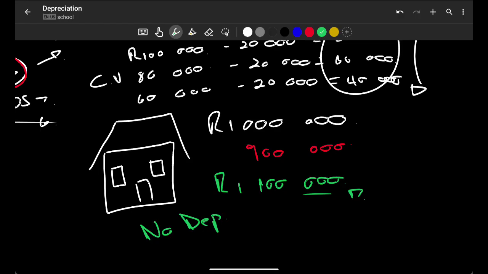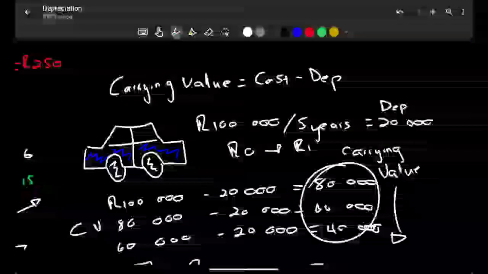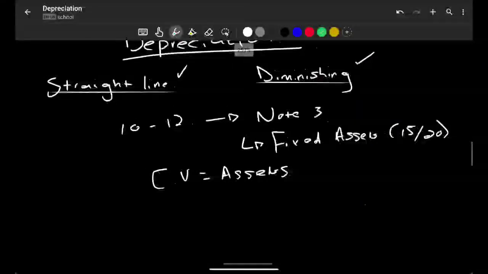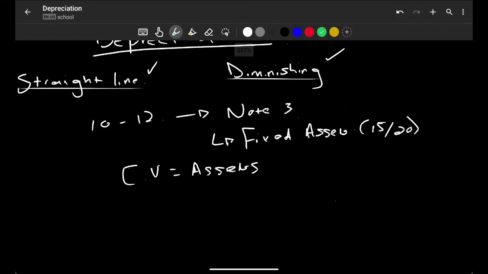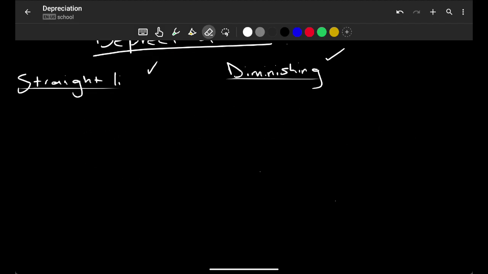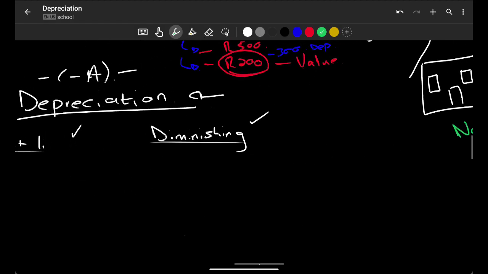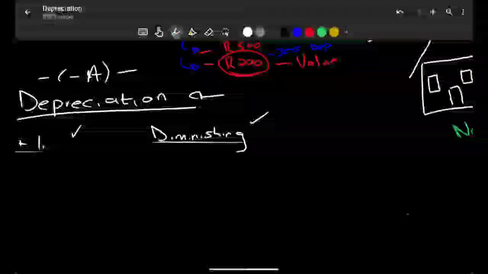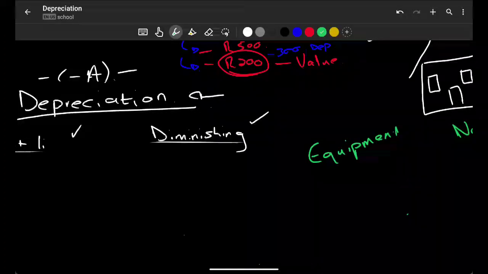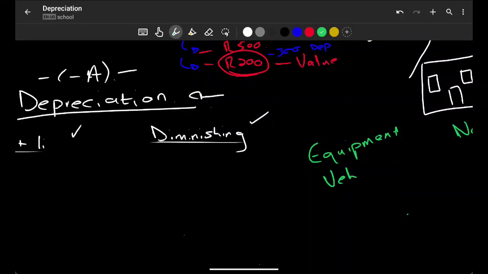The only depreciation that you have while conducting your note 3 will be on equipment, and vehicles, right?